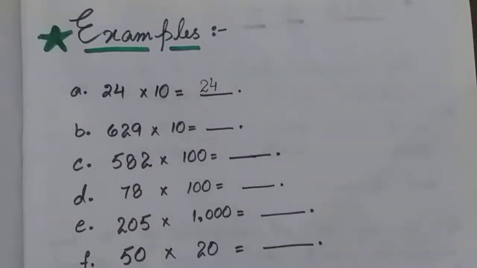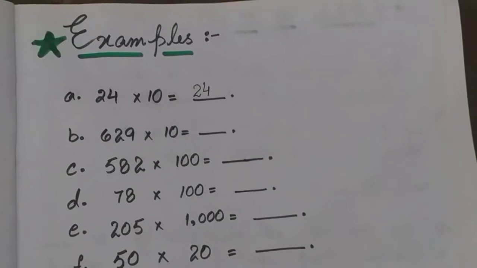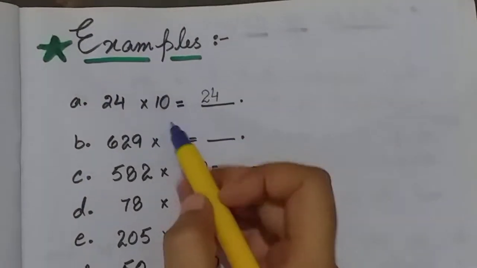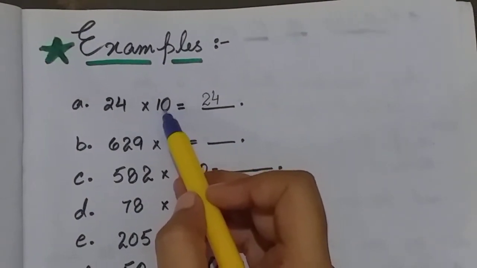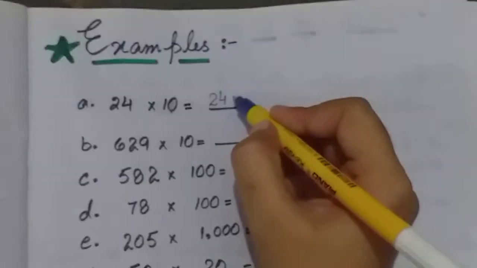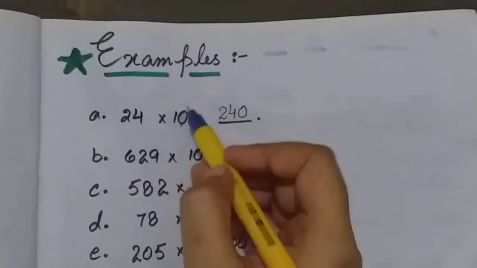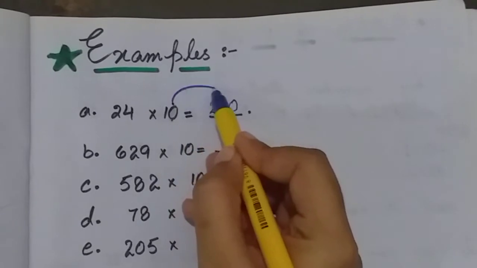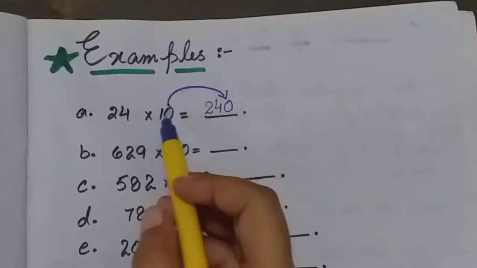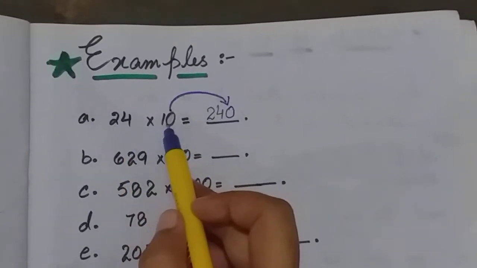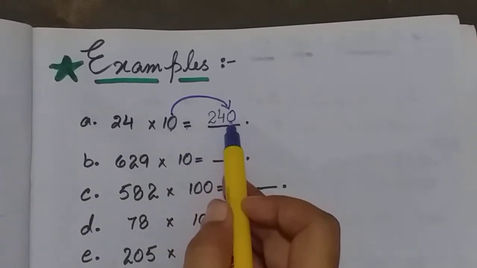Once you have done that, now what will we do? We will write the 0 at the end of our product. So 24 multiplied by 10 will become 240.